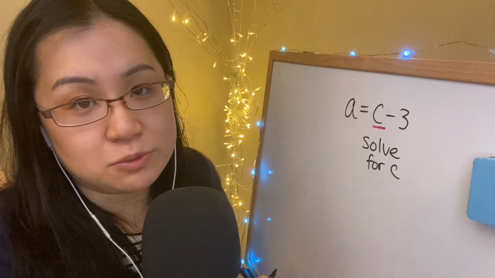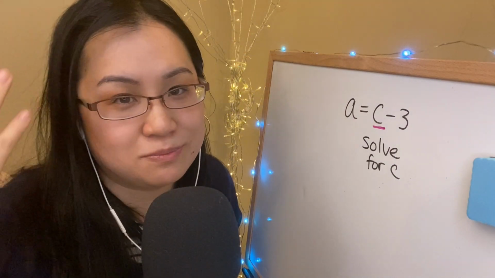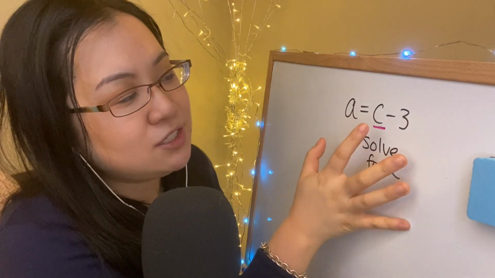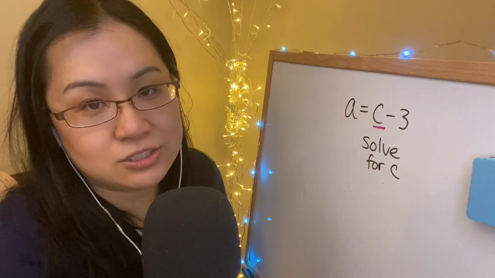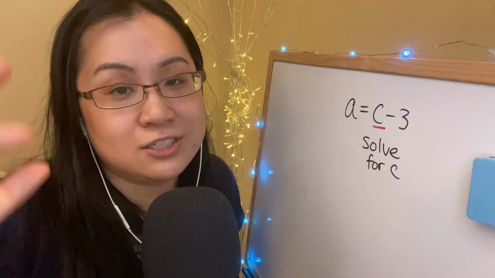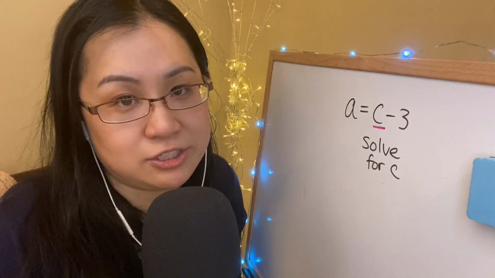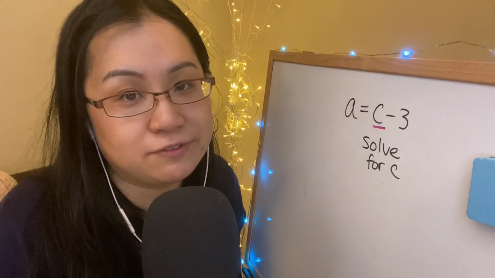It doesn't matter, but it might help to read it out loud or in your mind. So here I just have C, and I'm going to take that C and minus 3. That means that when I want to undo all of this to isolate it, I'm going the opposite of the order of operations, and I just want to undo everything.